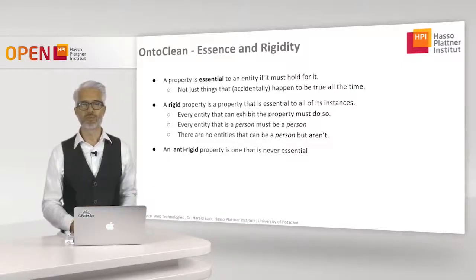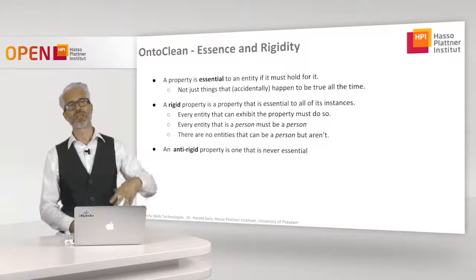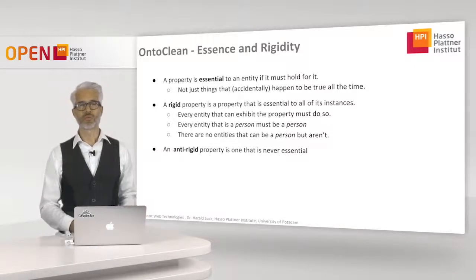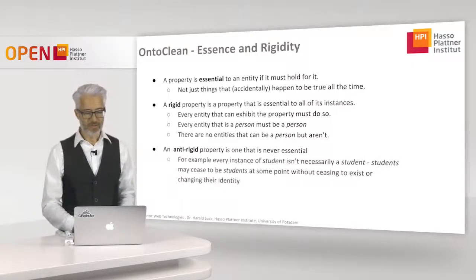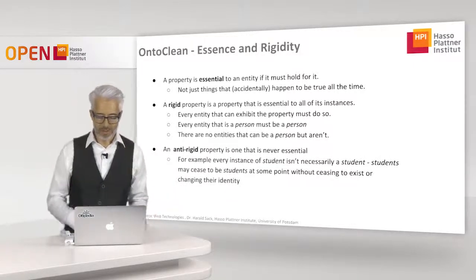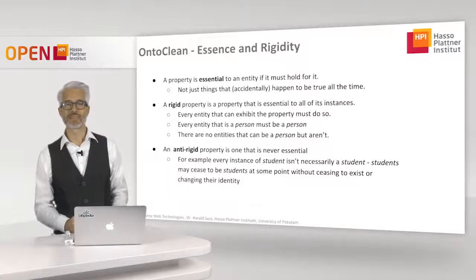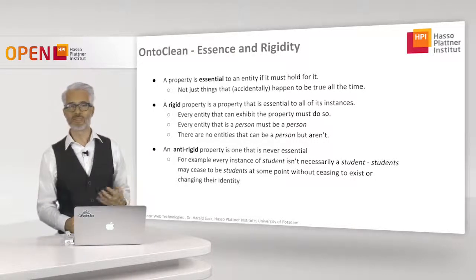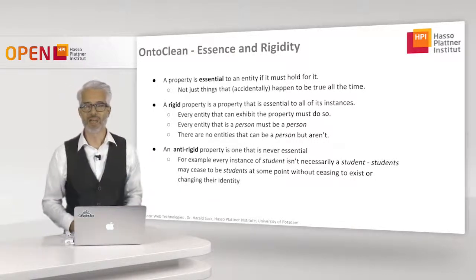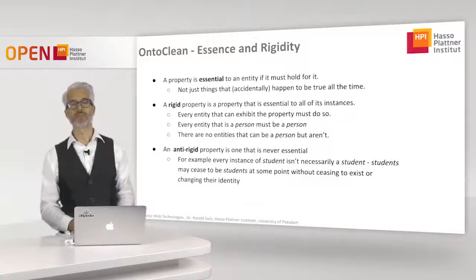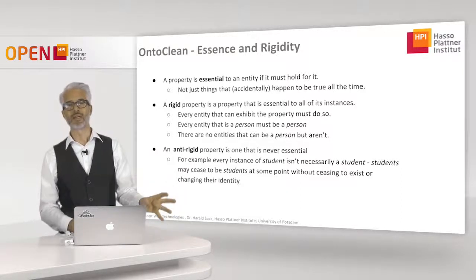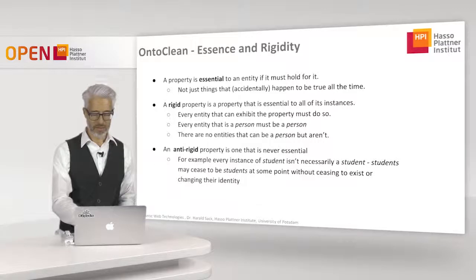Then we have anti-rigid properties, which are quite the opposite. An anti-rigid property is one that is never an essential property. For example, every instance of student isn't necessarily a student. Students may cease to be students at some point without ceasing to exist or without changing their identity. So being a student is an anti-rigid property, an anti-rigid class.